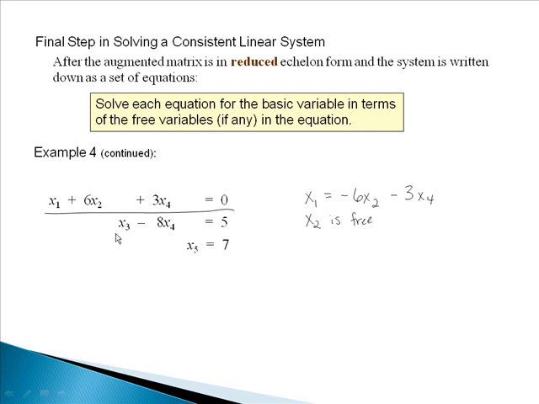Now our second equation, we're going to solve for x3, which is a basic variable. So we have x3 equals 5 plus 8x4, and x4 is free. And then we have our last equation, which is already solved for our basic variable x5. x5 equals 7.